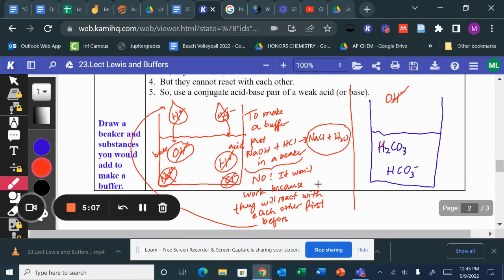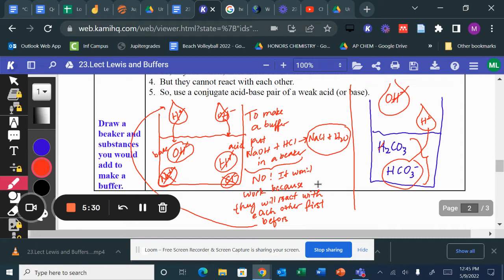What if you add H+ to it? Which of these two will react with that? That's correct. This will bond with this, and the pH won't change. But the question is, will these two neutralize each other? No, they won't, because they're conjugate pairs. So that's how you make a buffer.